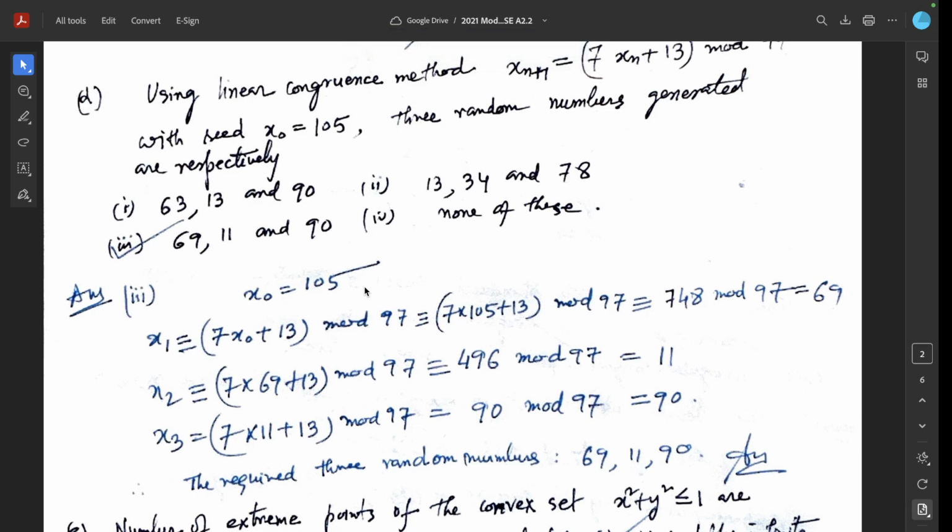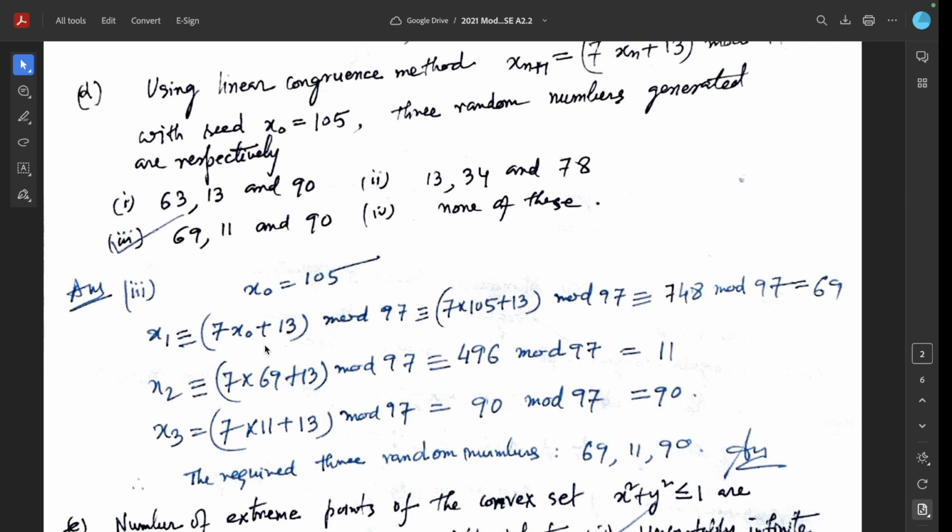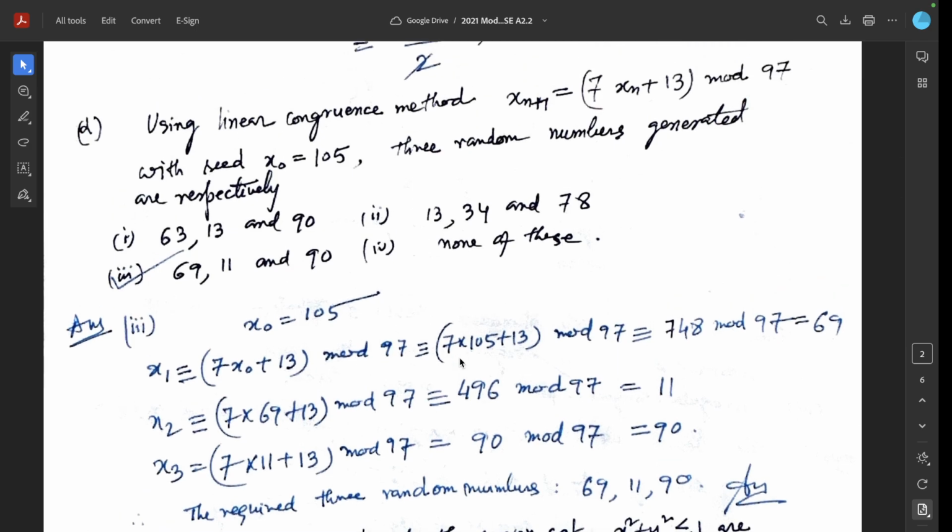X0 equal to 105, so x1 equal to (7 x0 plus 13) modulo 97, so 748 modulo 97.